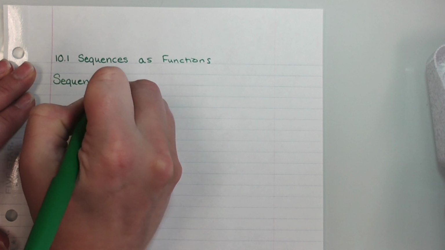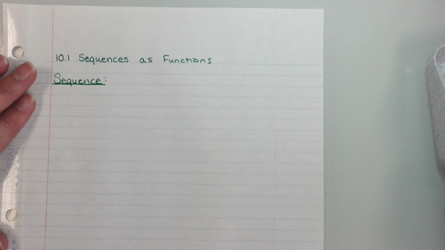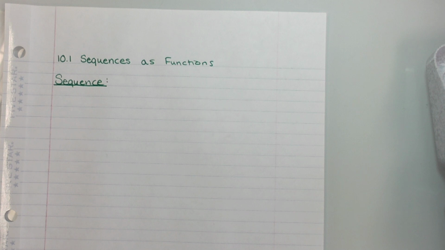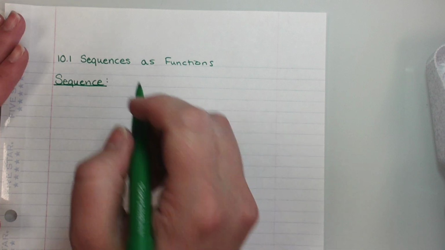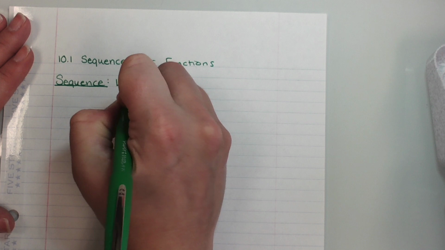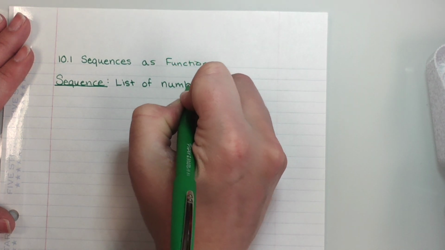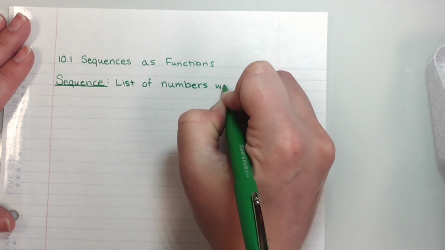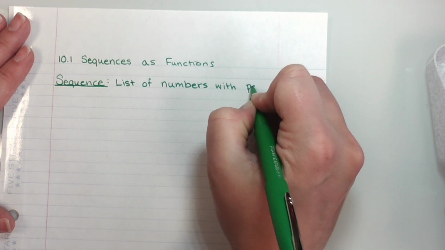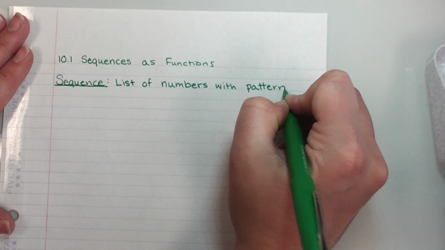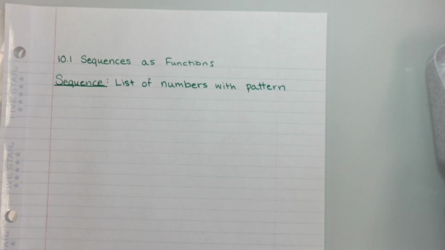First, let's talk about what a sequence is. Every single one of the things that I just showed you, those lists, those were sequences. A sequence, by definition, is a list of numbers with pattern. Or at least, that's the simplified version of the definition, a list of numbers with pattern.